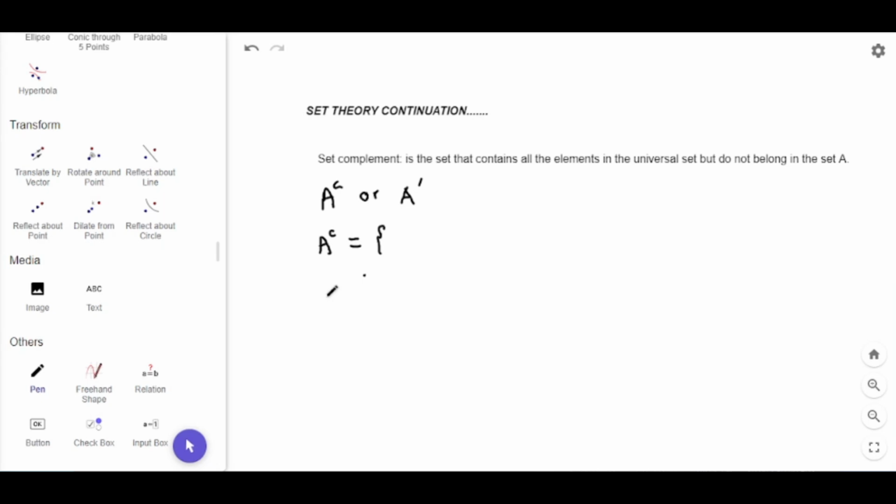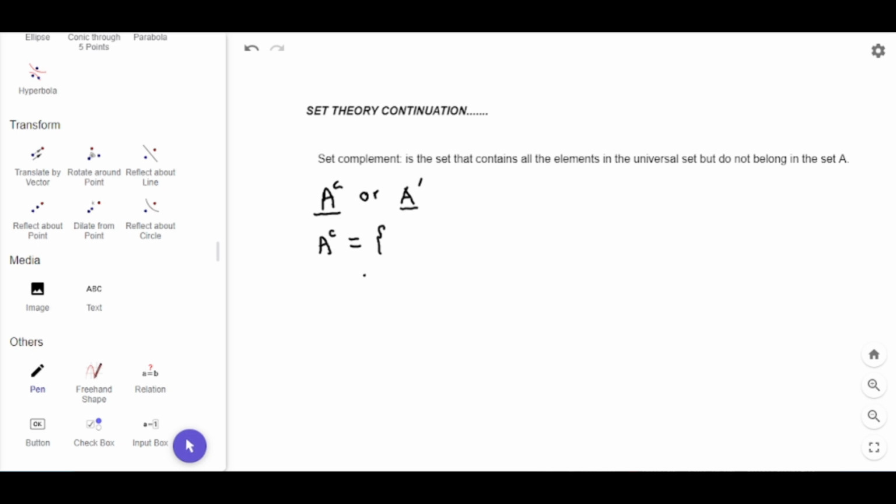Set complement is the set that contains all the elements in the universal set but do not belong in the set A. So these elements are in the universal set but they are not in the set A, and we write it as A complement or A prime or A to the power C, which both mean A complement.